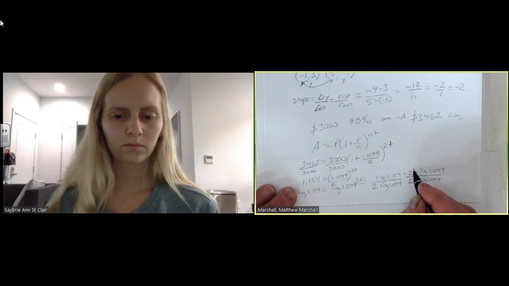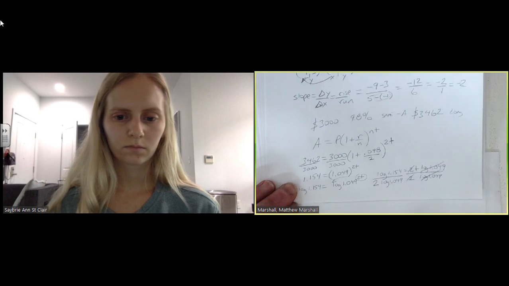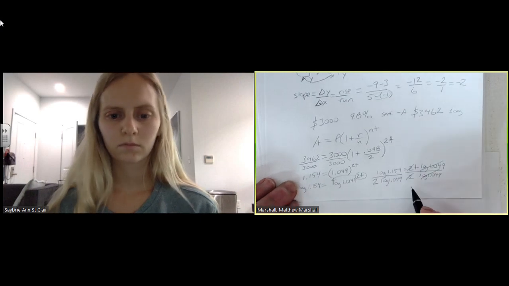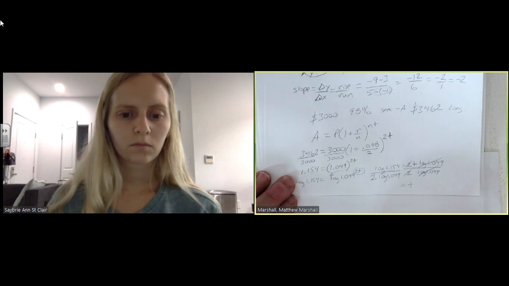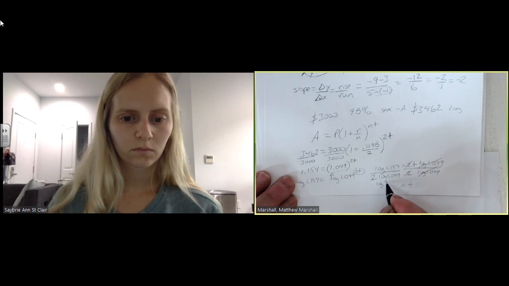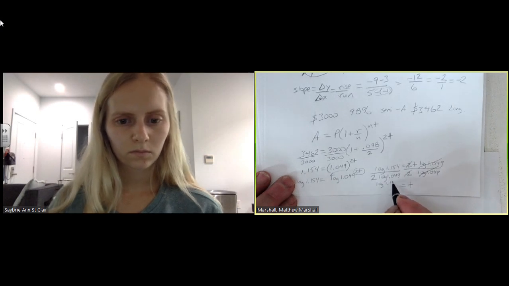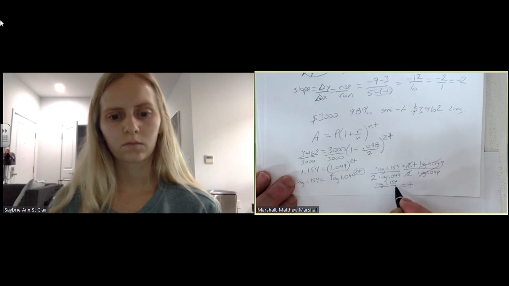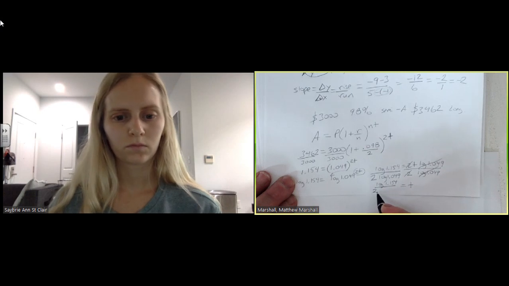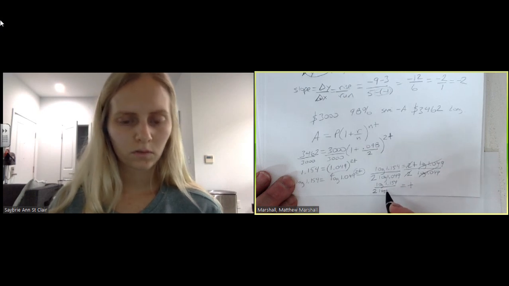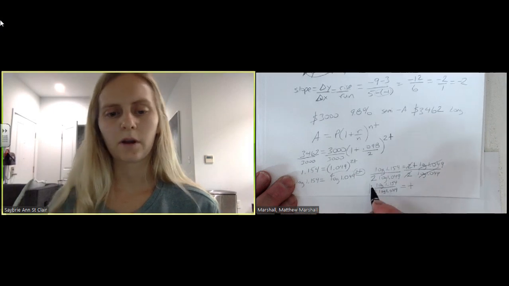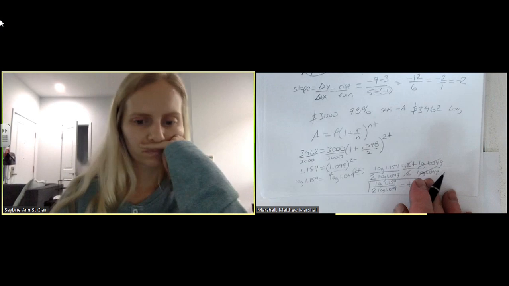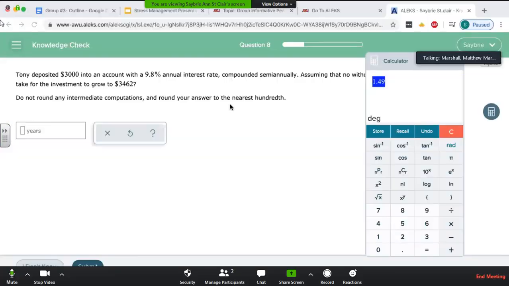And that will cancel out all that stuff over there and leave you just plain old t, which is what you're solving for. And then it's going to be up to you to type in log 1.154 divided by a 2 out front, log 1.049. Pretty confident about that one there, because we just did those recently. So fresh.